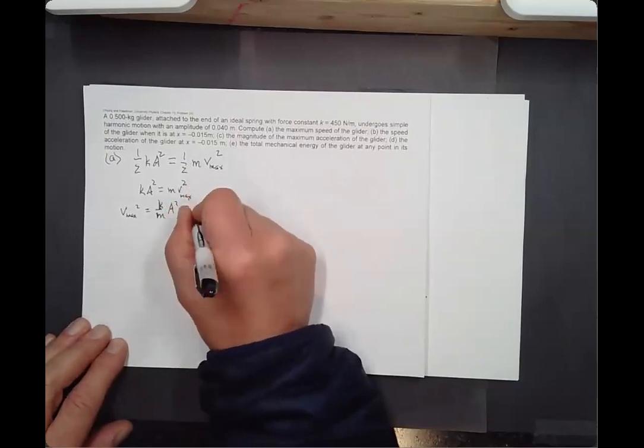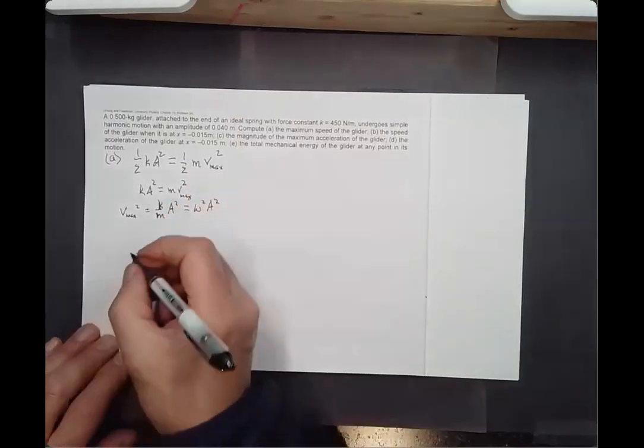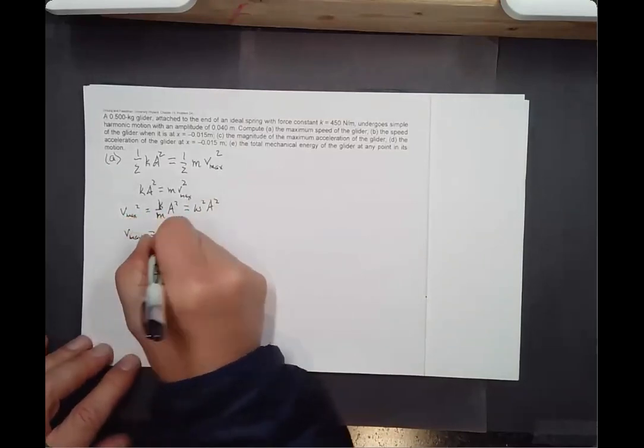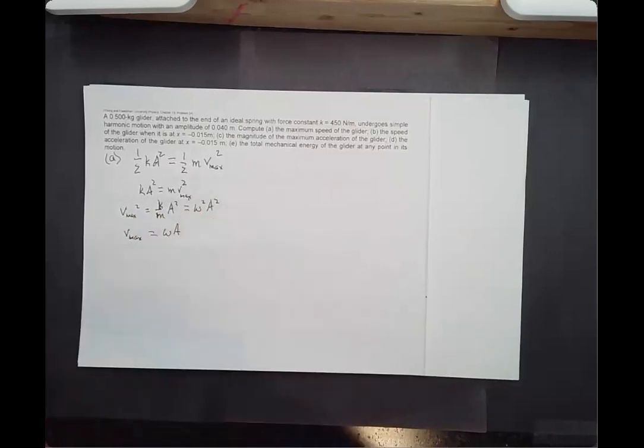So this is actually just omega squared a squared. And v max, the maximum speed, is just omega times a.